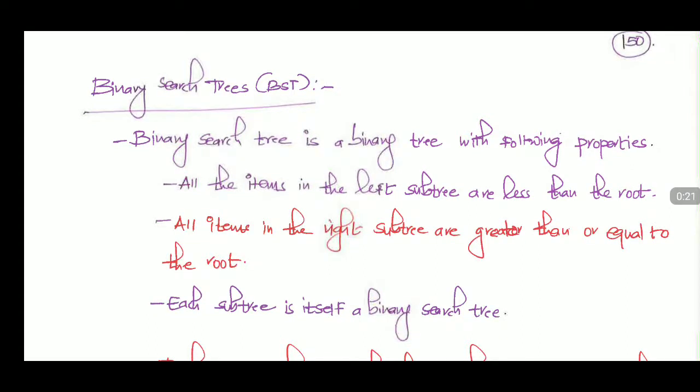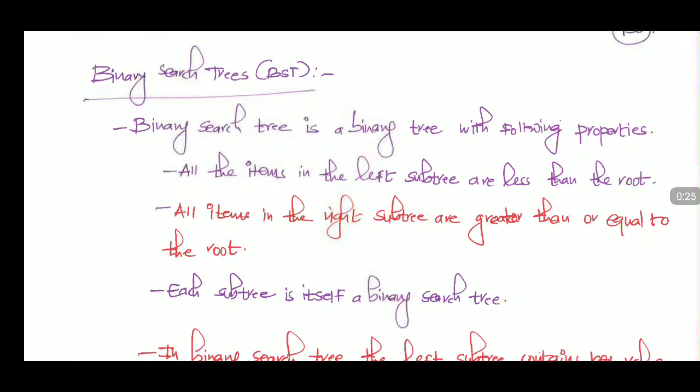A binary search tree is a binary tree with the following properties. The first property is all the elements in the left part of the tree are less than the root, and all the elements in the right part of the tree are greater than or equal to the root.